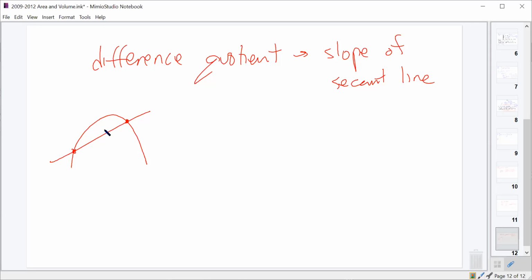The secant line's value must be less than the value of the function. Do you all agree with that? Yeah. Secant line must be less than that value. What if my function was concave up? My secant line should be an overestimate for the value of that function, shouldn't it?